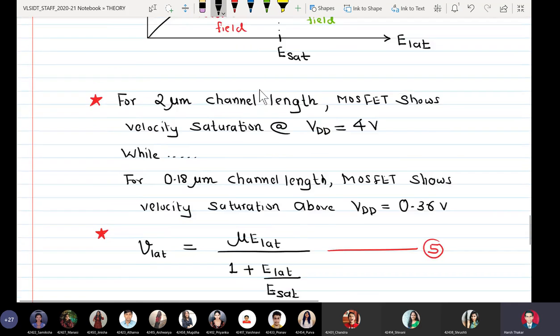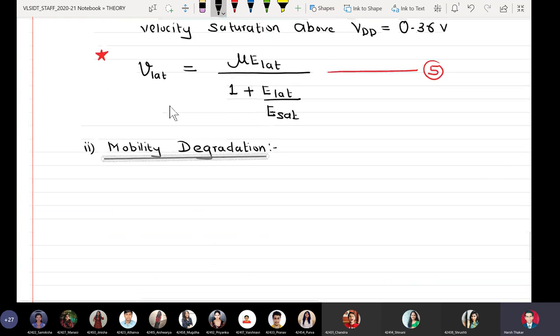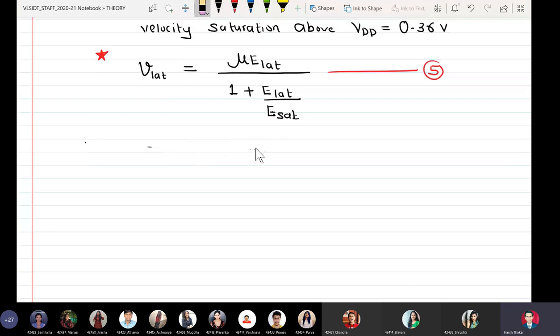If you remember clearly velocity saturation, maybe we can make a point here now as a conclusion of velocity saturation.